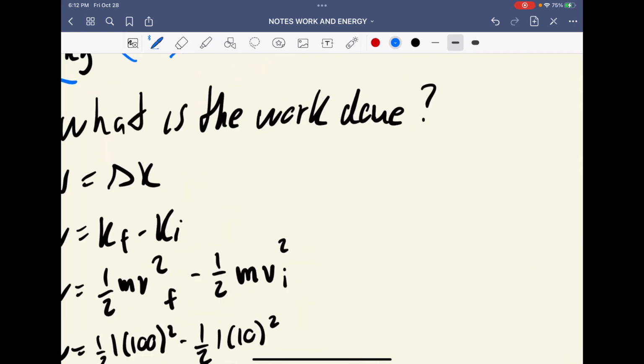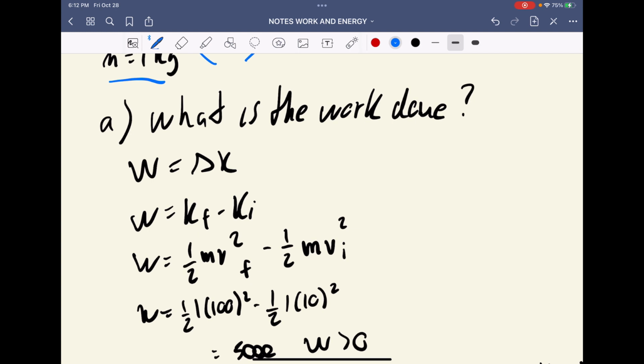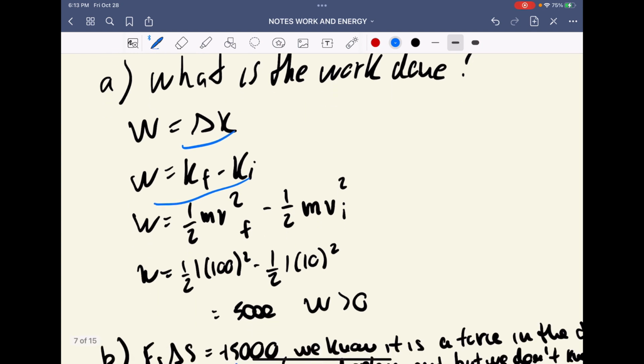So we do the simple equation where work is equal to the change in kinetic energy right here, and then obviously it's kinetic energy final minus kinetic energy initial, which is equal to the formula 1 over 2 mv squared.